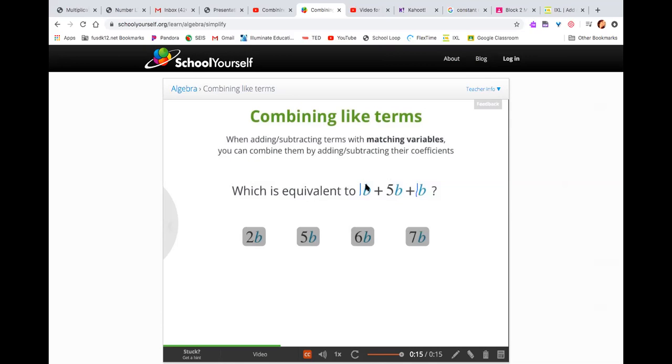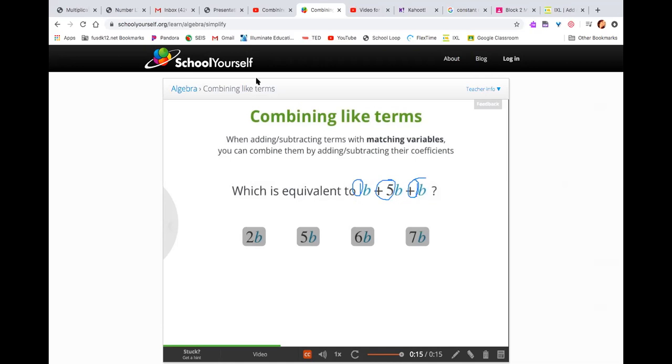So if I have 1b plus 5b plus 1b, which is it going to be: 2b, 5b, 6b, or 7b? Which one is the answer? I'm looking at 1 plus 5 plus 1. Okay, 7b, 7b.